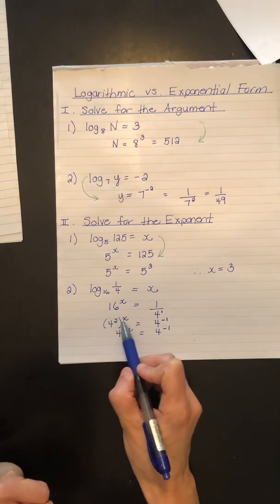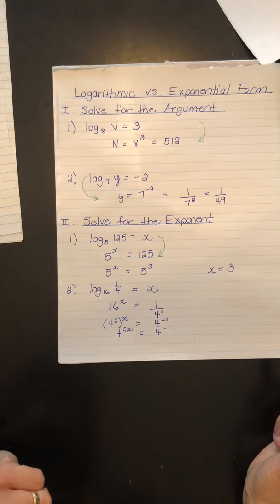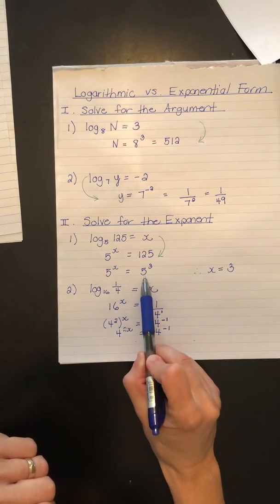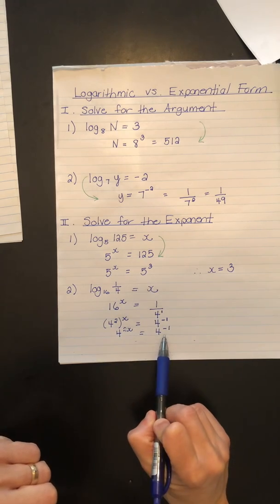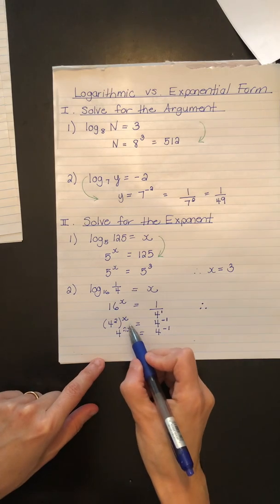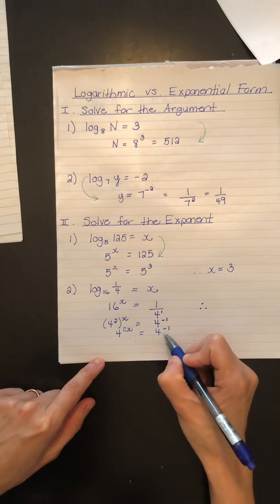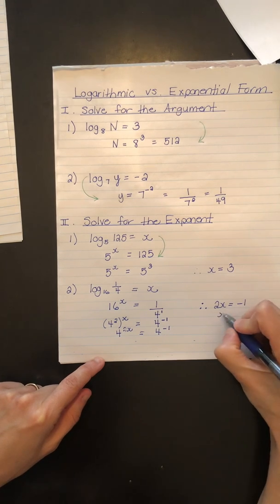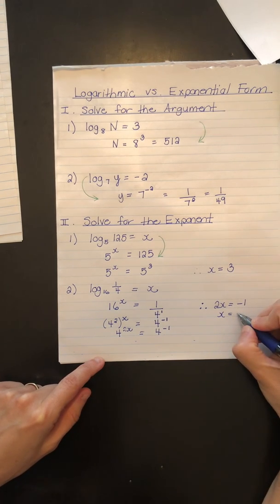The exponents in this case multiply. And now I have the situation I did here, where both sides have the same base, which means we can equate their exponents. We can say that 2x therefore equals -1. And that means x is -1/2.